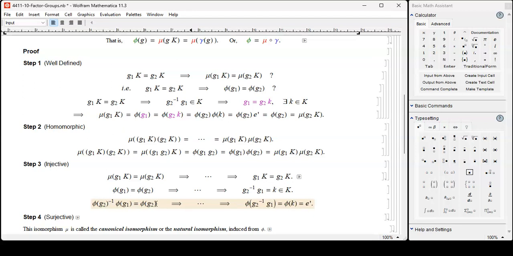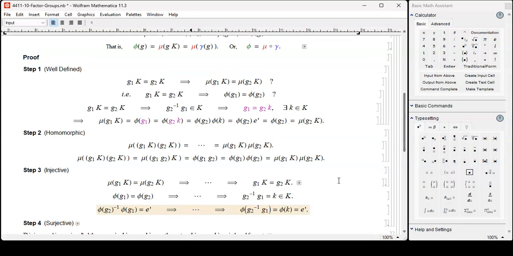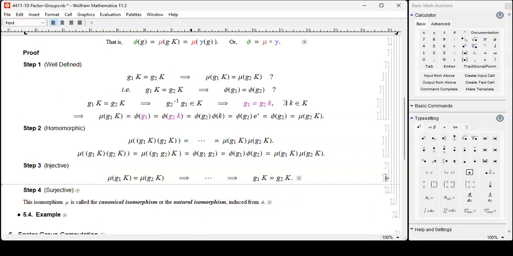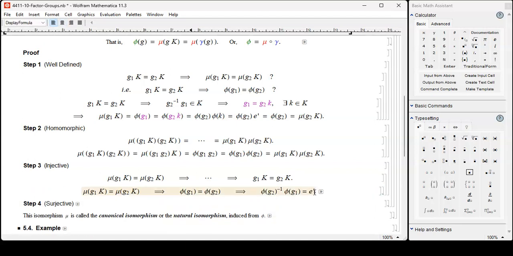And then that's e prime. And does this imply that? Yes, indeed, because phi is a homomorphism. So that's the idea. And here is a bit more efficient proof.